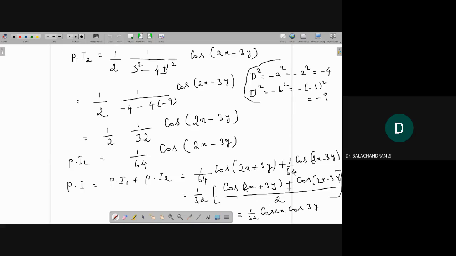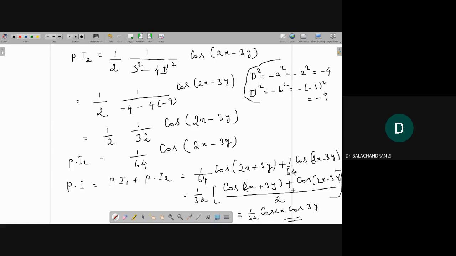Again I use the formula: cos of A plus B plus cos of A minus B equal to 2 cos A cos B. So 2 is here. So the final answer is 1 by 32 into cos 2x into cos 3y. Please note down this answer: 1 by 32 into cos 2x into cos 3y.